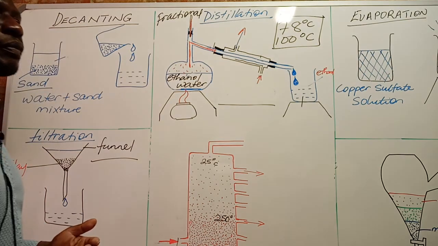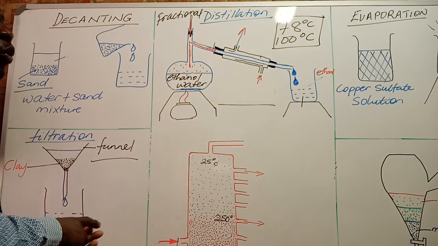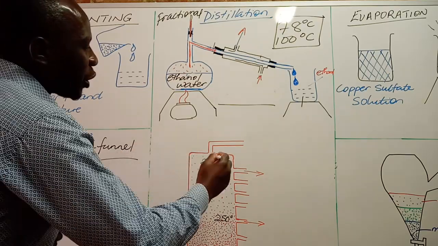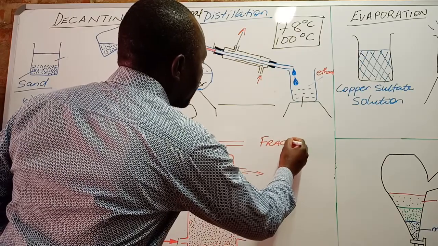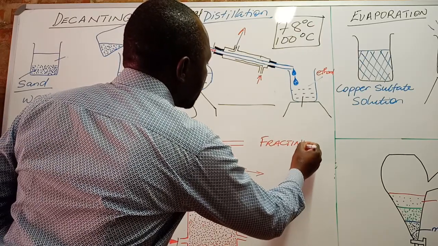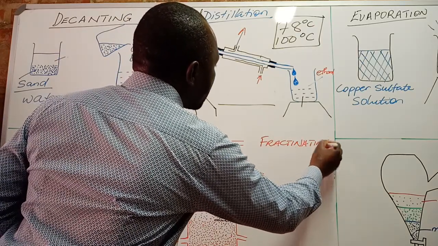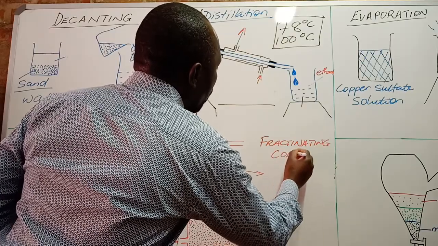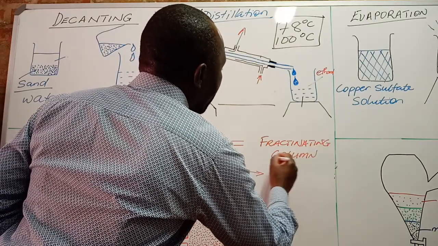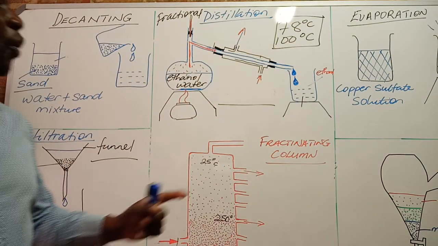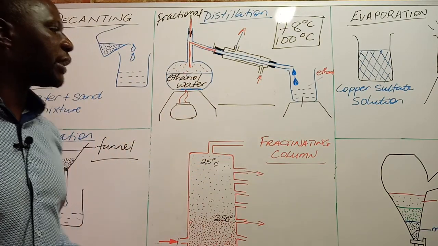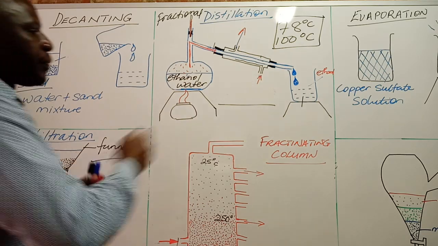Now, this is what we call a fractionating column. So, when they are making diesel and petrol, they use what we call a fractionating column.